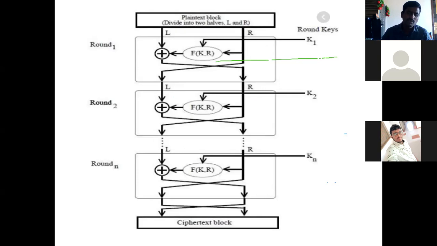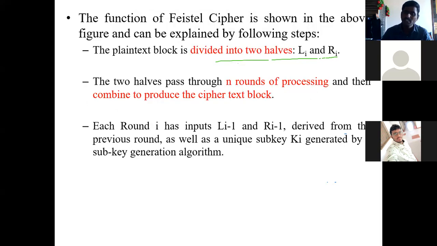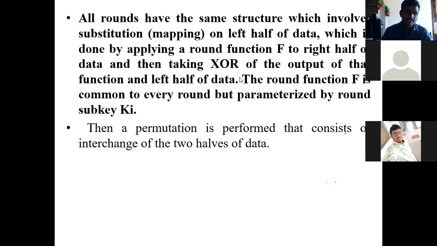The previous round output is given as an input to the next round. Okay, that is given here. As I told you, a unique subkey Ki will be generated by the subkey generation algorithm. By using the subkey generation algorithm, for each round a subkey will be given to perform the round function.